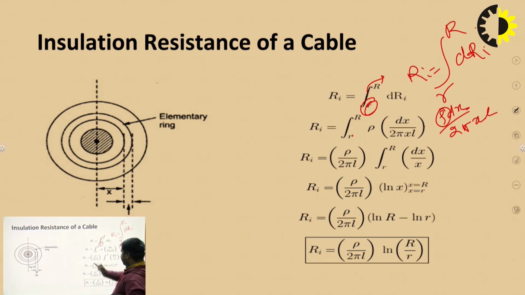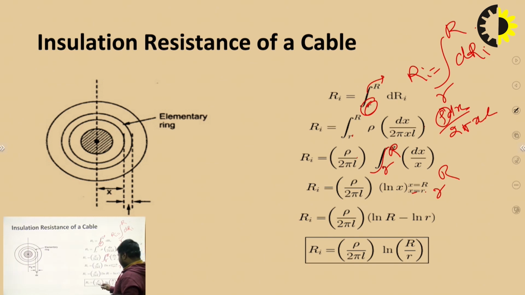So Ri equals rho by 2 pi L times the integration from r to R of dx by x. So Ri equals rho by 2 pi L ln x, ranging from r to R. So Ri equals rho by 2 pi L times ln R minus ln r.